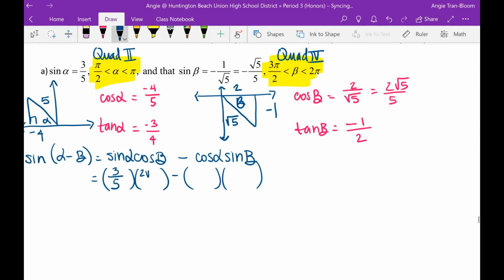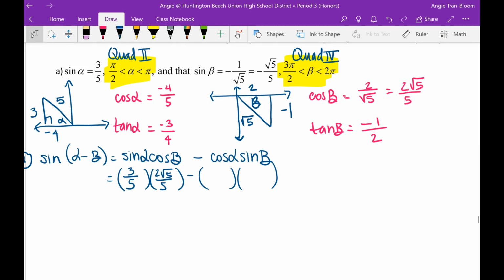So 2 rad 5 over 5. Cosine of alpha, please, Trey. Cosine alpha, that is negative. Right. And sine of beta, Aiden. Rad negative or positive? Yes, that has to be there.